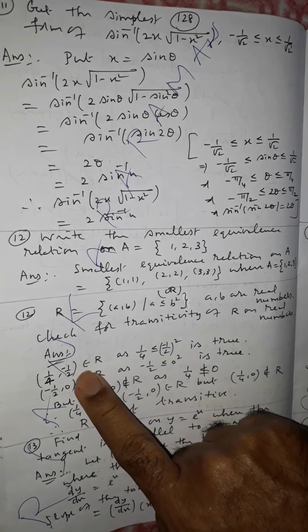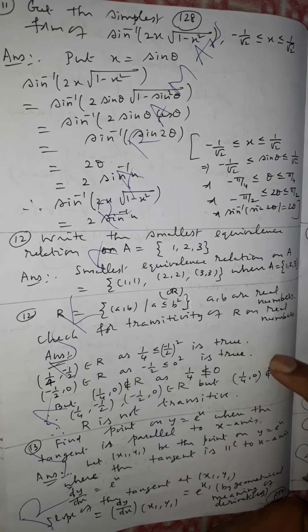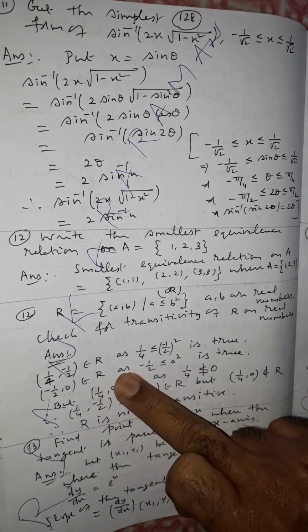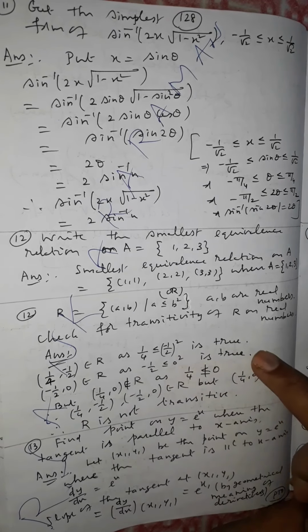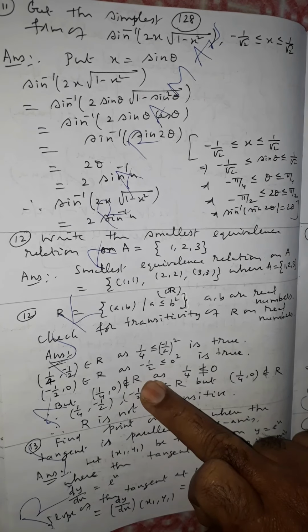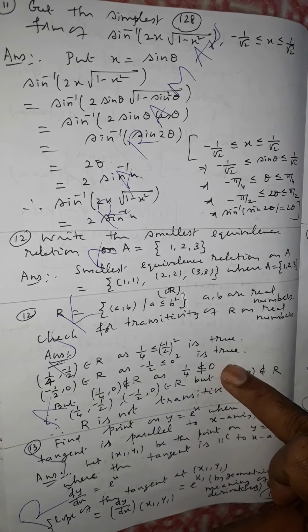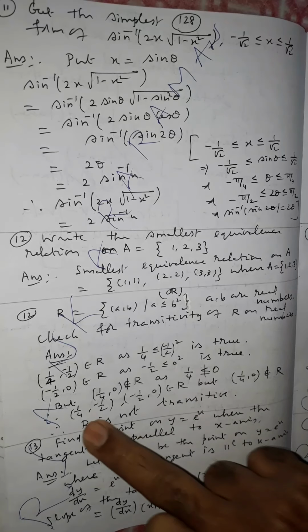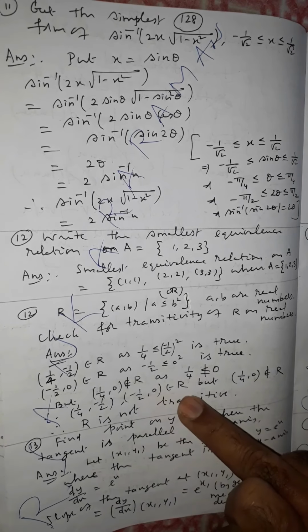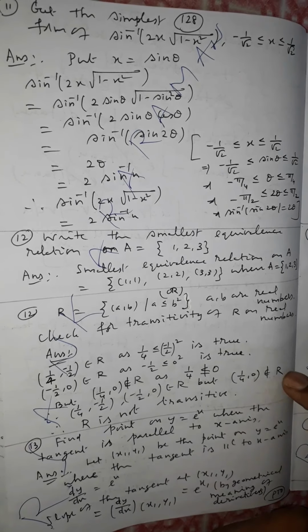Let me explain once again. (1/4, -1/2) is an element of R, as 1/4 is less than or equal to (-1/2) whole squared, which is true. (-1/2, 0) is an element of R, as -1/2 is less than or equal to 0 squared, which is true. But (1/4, 0) is not an element of R, as 1/4 is greater than 0.